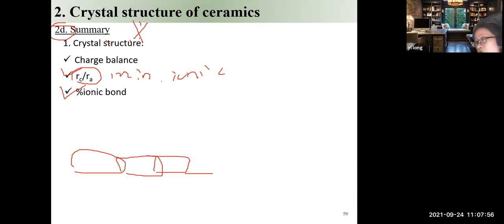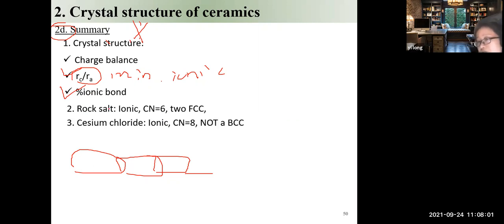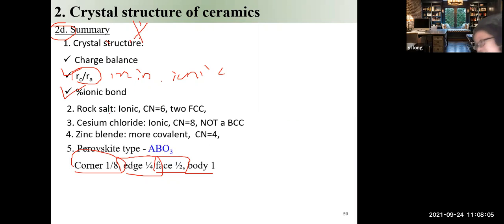How can we determine the crystal structures? And what are the crystal structures, such as rock salt, cesium chloride, zinc blende? Okay, so all these things. Perovskite. So corner, edge, face, body. So this week, week 2 or section 2, is important. Okay, that's all.